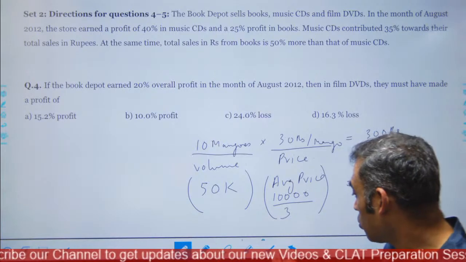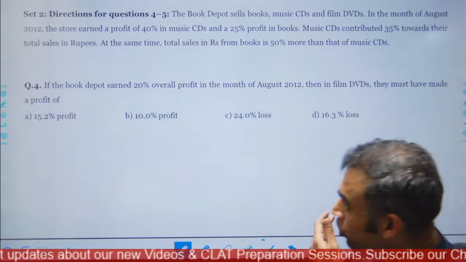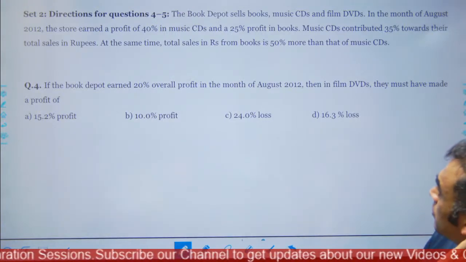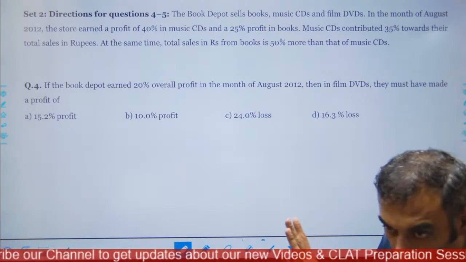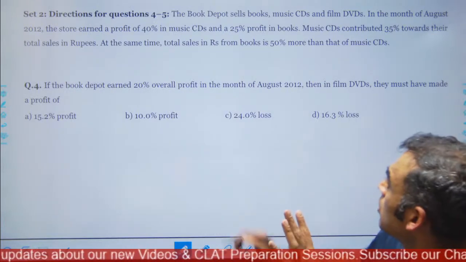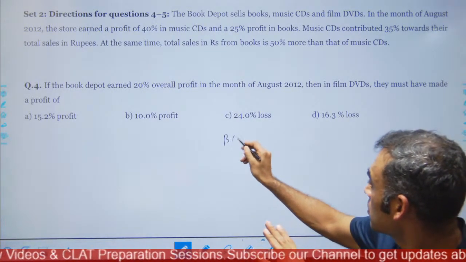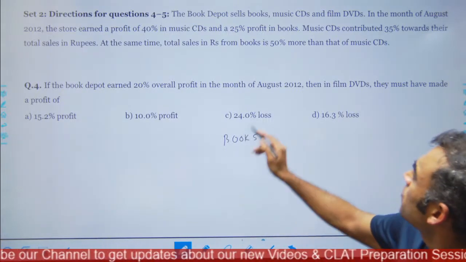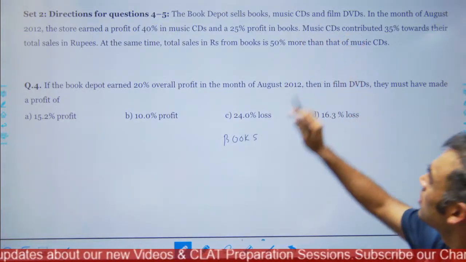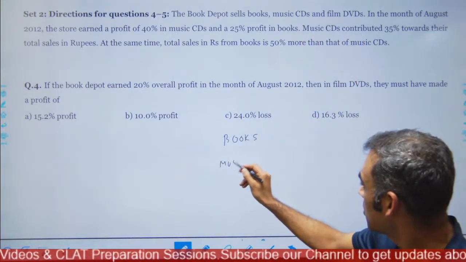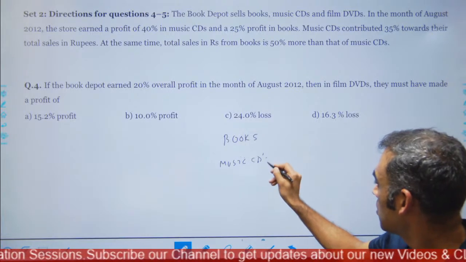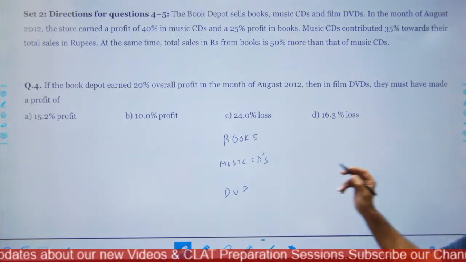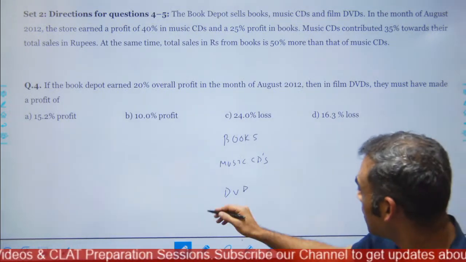All right, so let's do this question, which is based on profit and loss. Now here, we are given the distribution of a book depot. So one is books, one is music CDs, and the last one is DVDs, film DVDs, right?